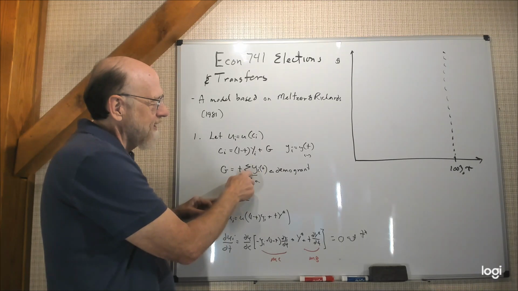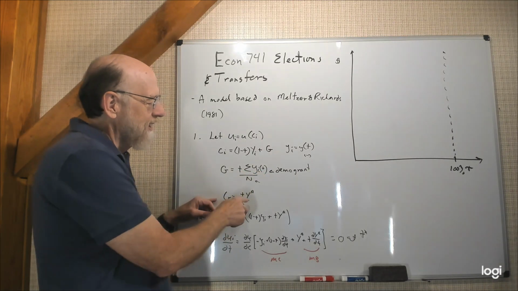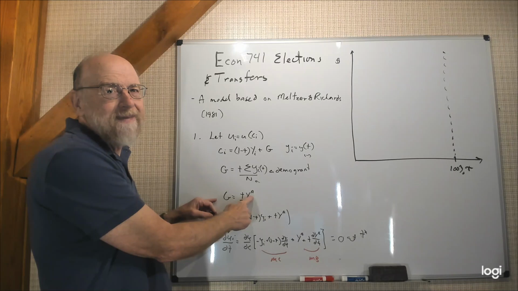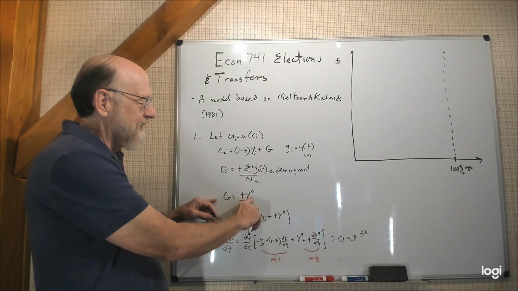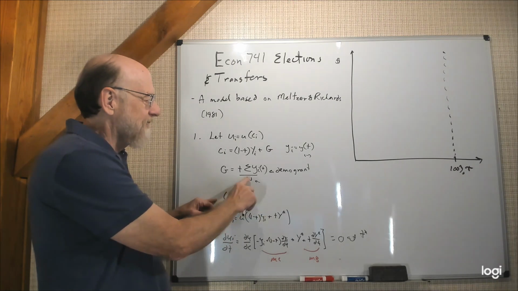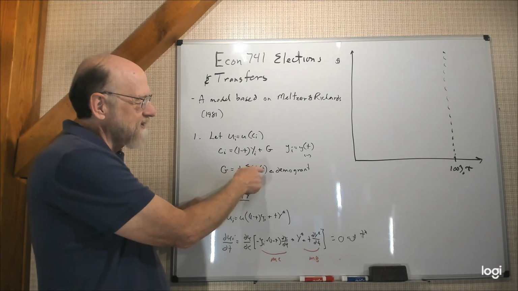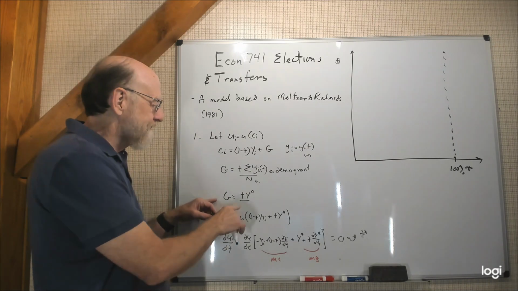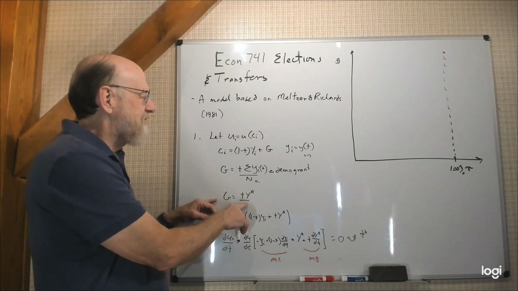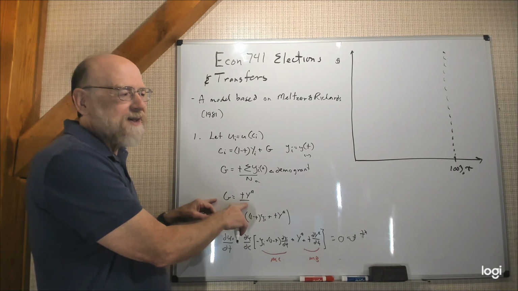If you take the sum of all income and divide by n, you actually have average income. So I could write this expression a little more simply by focusing on average income instead of looking at the summation of all the individuals' income in society. I'm going to use this formulation in the next slide.